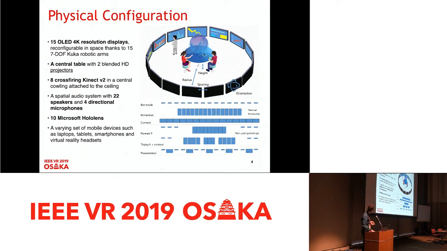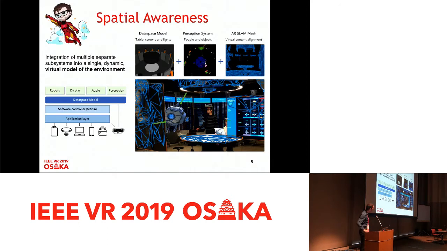We have the typical spatial audio system, and we have 4 microphones that allow us to identify the source and directionality of speech. As I said earlier, the screens are used for displaying high-resolution 2D information, whereas we use the HoloLens devices for displaying the 3D information that generally appears on top of the central table.